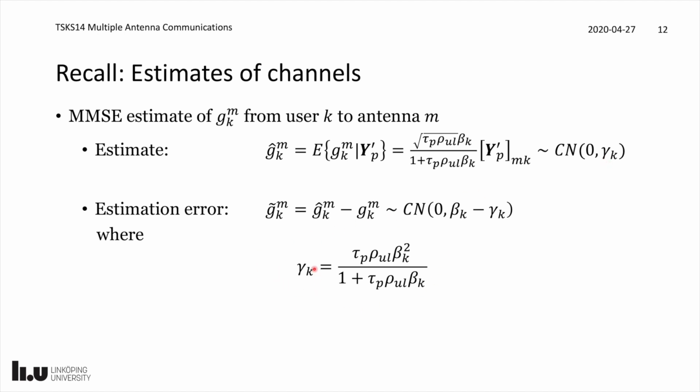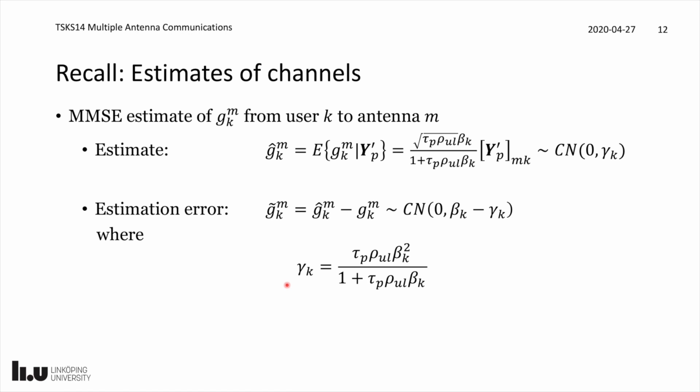Remember, it contains tau_p, the length of the pilot, rho uplink, the transmit power, and then beta_k and beta_k squared, and 1, which is the noise variance. The estimation errors contain beta_k minus gamma_k, so gamma_k is an important parameter.